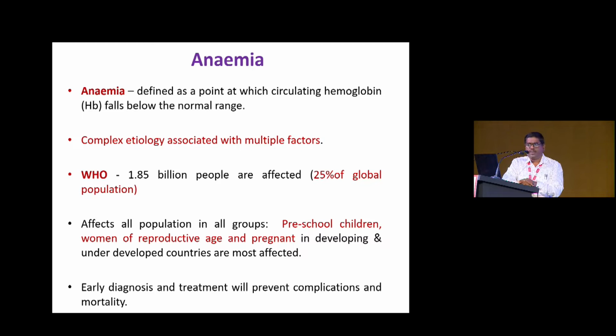It affects all groups, invariably of age and sex, whereas the most vulnerable population is preschool children in underdeveloped and developing countries. The most important thing about anemia is early detection, which will help with better treatment, prevention of further complications, as well as mortality.